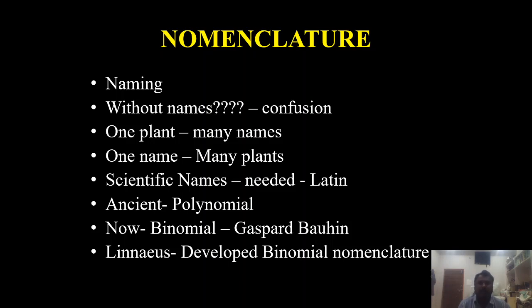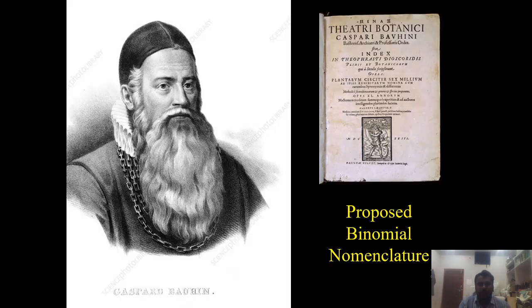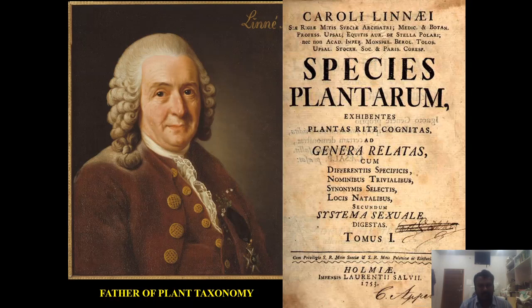Presently, we are following binomial nomenclature, which was proposed by Gaspard Bauhin and fully developed by Carolus Linnaeus. Gaspard Bauhin proposed binomial nomenclature in his Theatri Botanici. Carolus Linnaeus, who developed binomial nomenclature, is also known as the father of plant taxonomy.